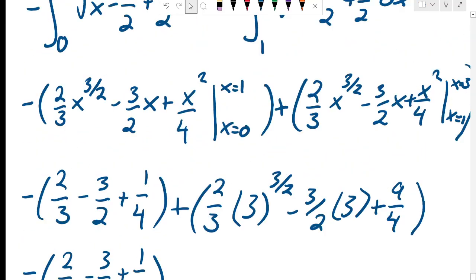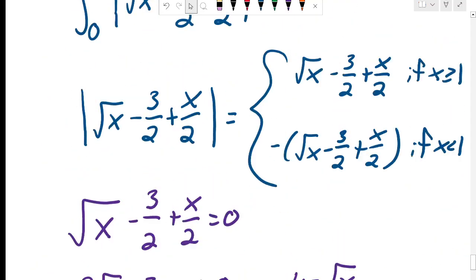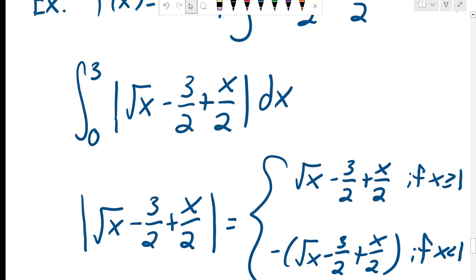But the point I wanted to make here was, we can do it with the absolute value, and that is mathematically what we're doing. But I do think it's maybe a little bit easier and quicker to just look at the graph if we can. Okay.